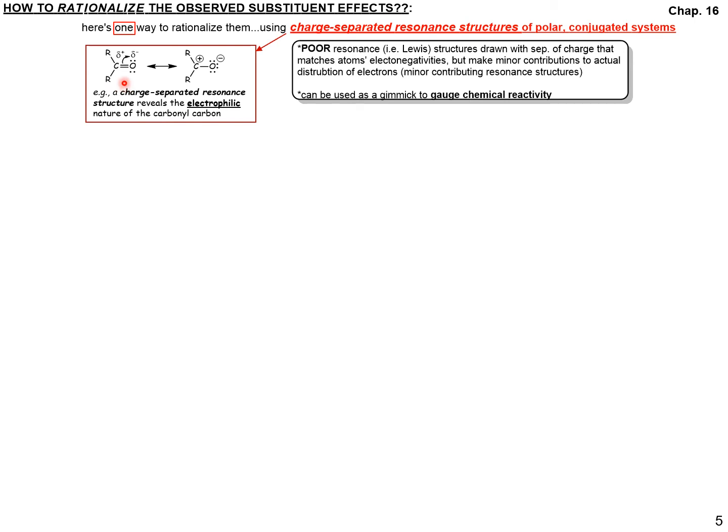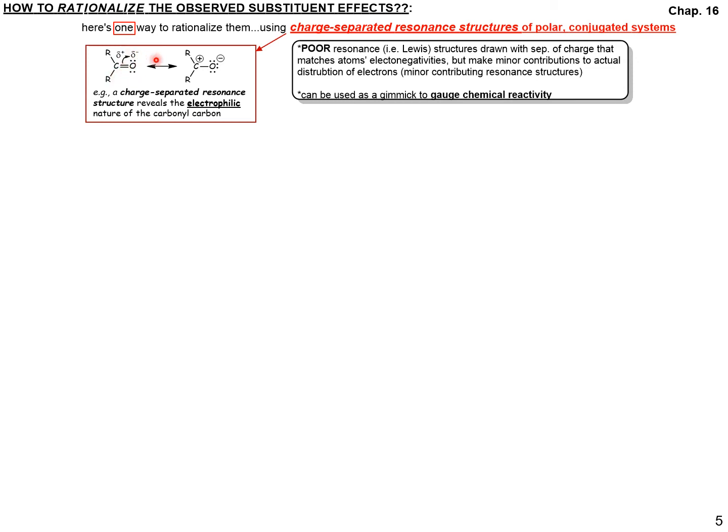However, if I take the two electrons in the pi bond and I draw an extreme Lewis structure, a bad Lewis structure, and I actually push those two electrons toward the oxygen, extreme meaning that the oxygen is tugging at the electrons. It's more electronegative than carbon, so this is a polar pi bond.